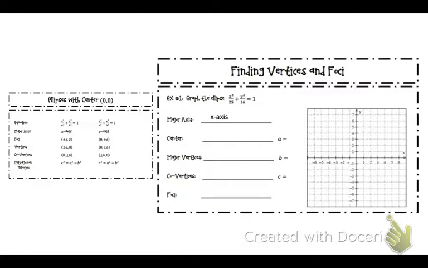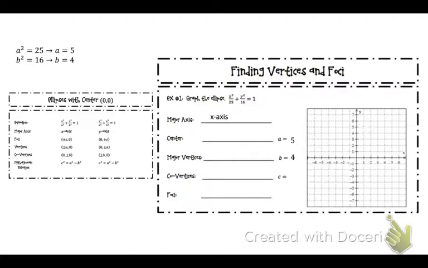Let's find our a and our b. a squared is always the bigger number, so a squared equals 25, which means a equals 5. b squared equals 16, which means b equals 4.